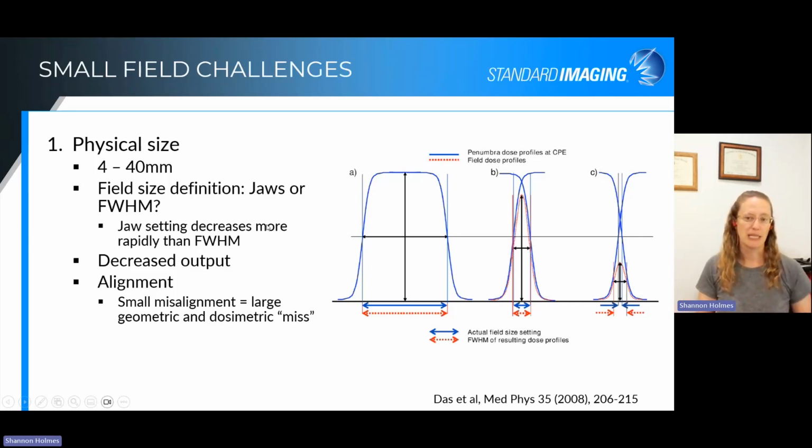So those things need to be considered when you're picking a detector or when you're trying to define these fields. The other thing about physical size is that alignment matters so much more than it does in the larger fields. A very small misalignment means a very large geometric or dosimetric miss or error.